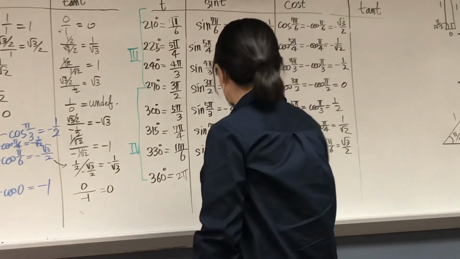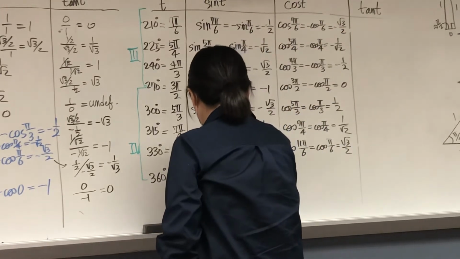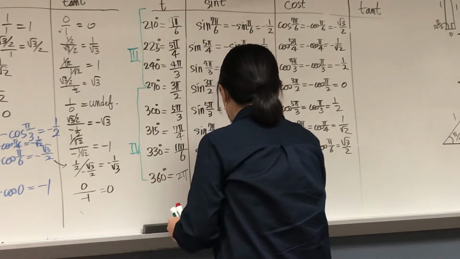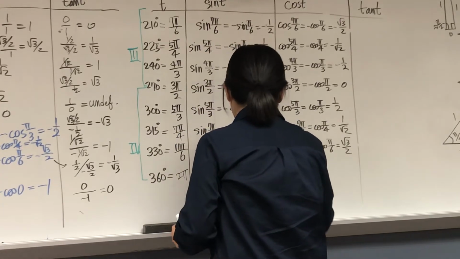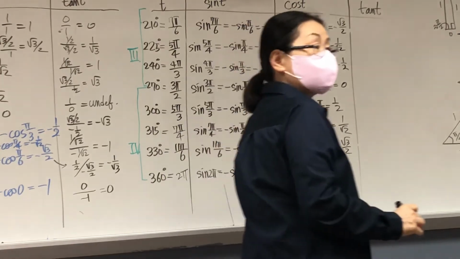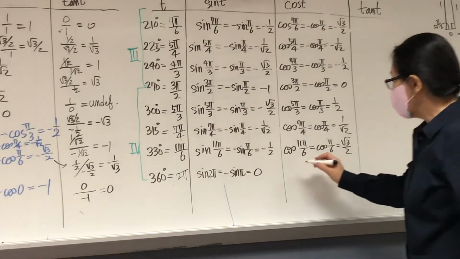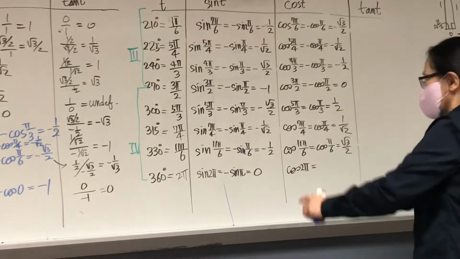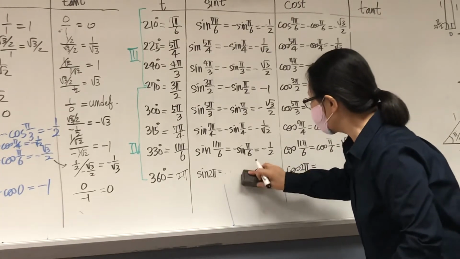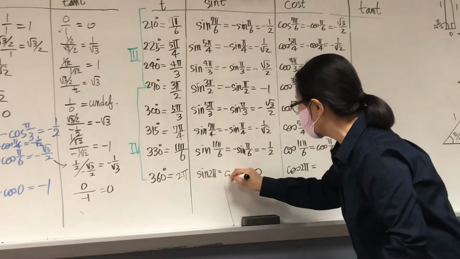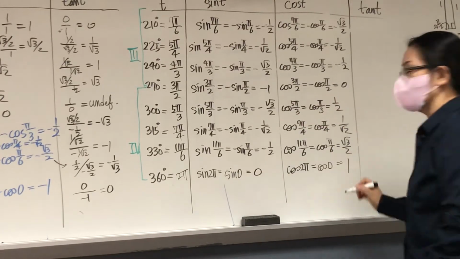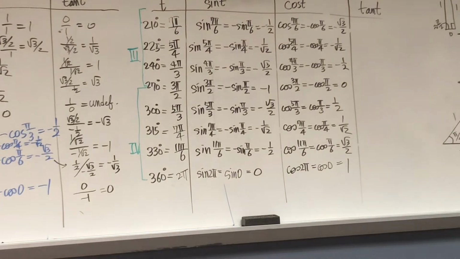Sine 2 pi is equal to negative sine 0, which is 0. Cosine 2 pi, you don't need this. Sine 2 pi means sine 0. Cosine 0 is what? 1. You are done.